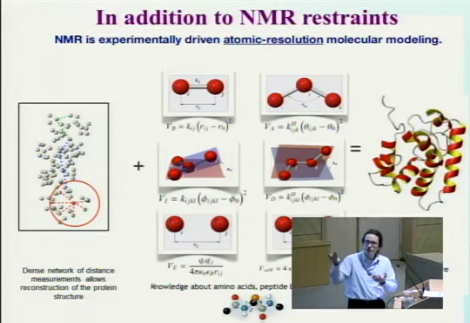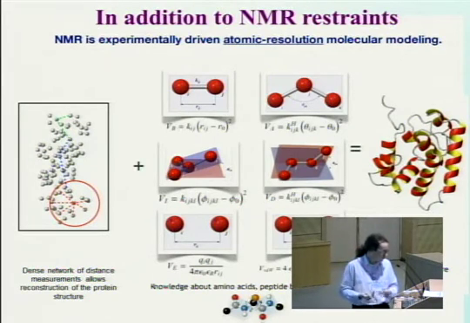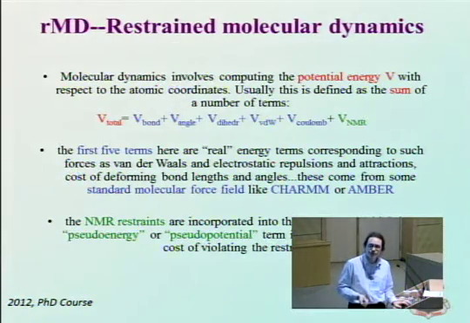And because we cannot yet use force fields to fold entire proteins, you need the NMR data to drive the folding under the force field. And the way this is done is that you have your ordinary force field terms, so to say, and then you just add another so-called pseudo-potential that represents the NMR data. And for this, you can use any standard molecular force field, CHARMM, AMBER.